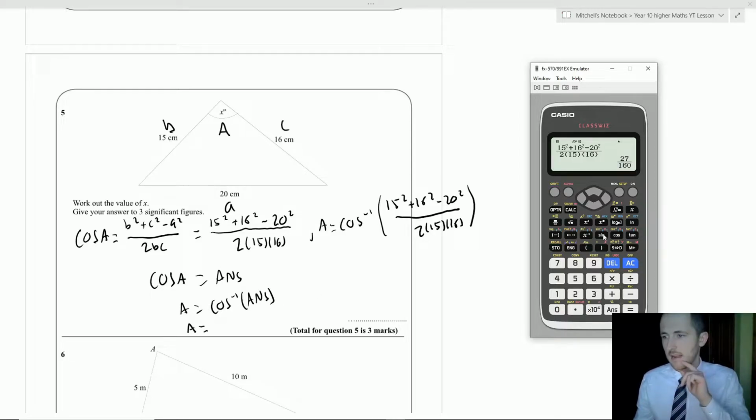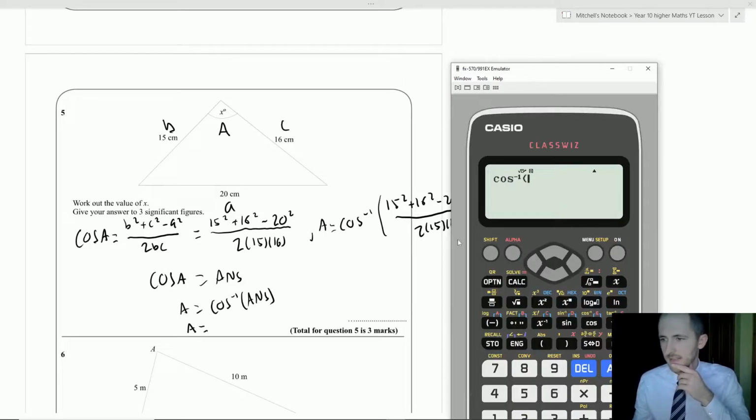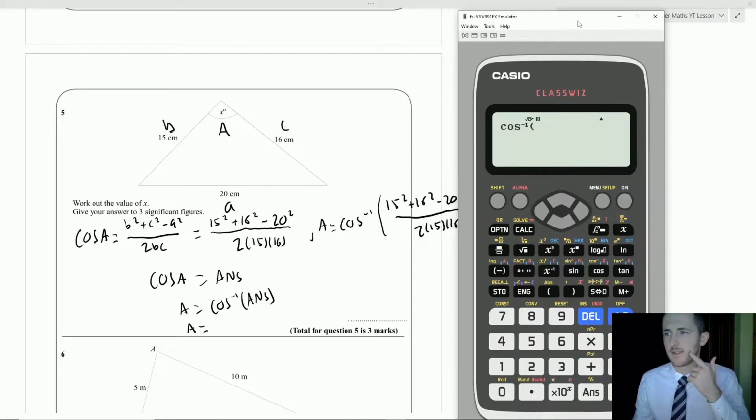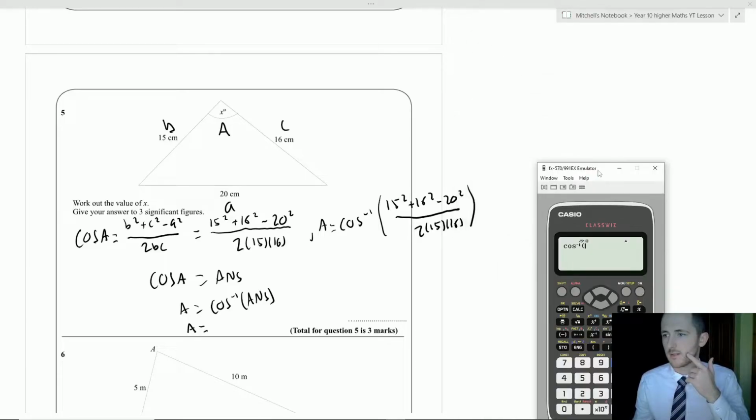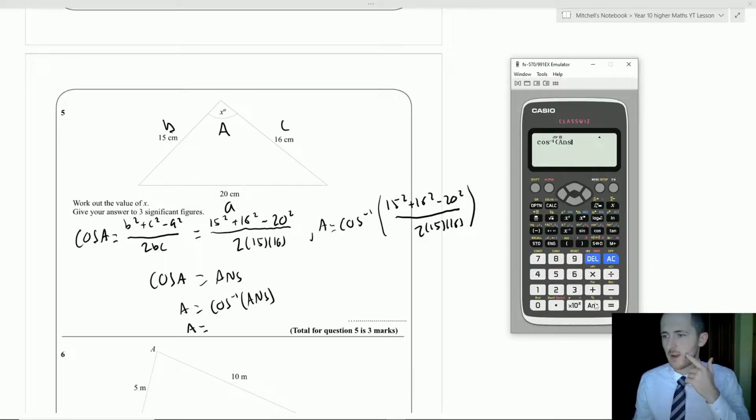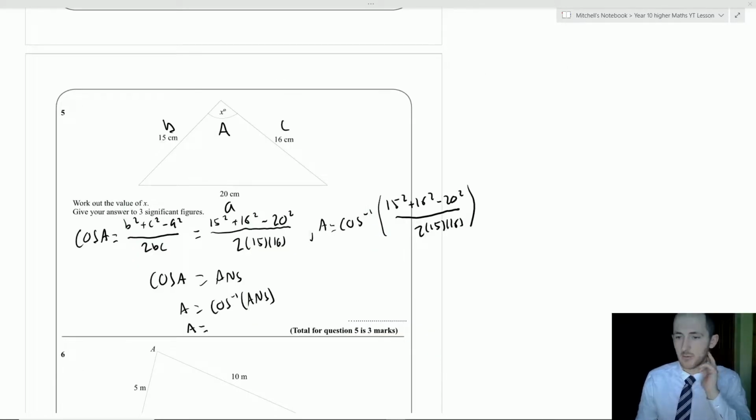So inverse cos, remember, when we're trying to find an angle, we always have to inverse cos, and that's the yellow text above the cos button. So to get the yellow text, I press the yellow button. Fairly self-explanatory. And, oh god, this is way too huge. Right, there we are. And then just press answer, close bracket, done, easy, 80.28, blah, blah, blah. 3 significant figures means it's 80.3 degrees. Again, remember your units.